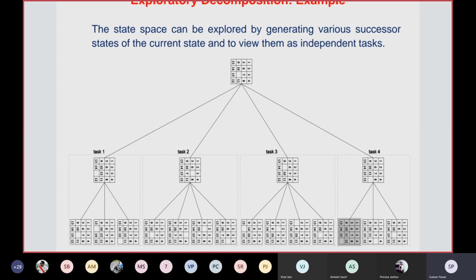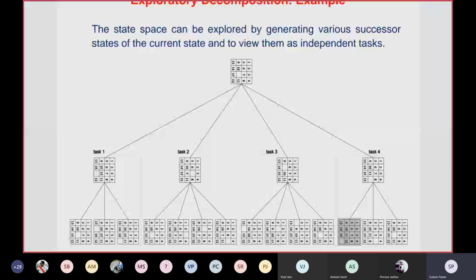But in case of task 4, as we progress from right to left, you have moved 11 towards its right, then in the next substate you have moved 8 down there, and in the last step you have moved the 12 up, which is your expected desired state.